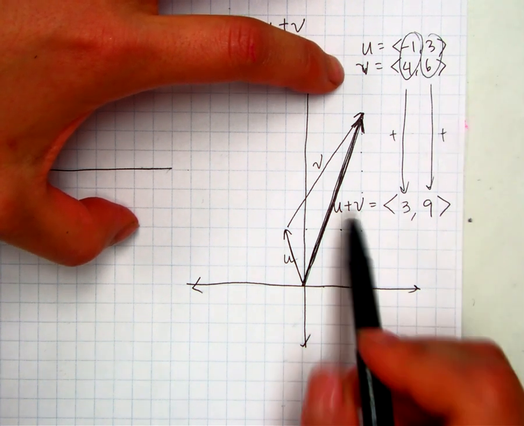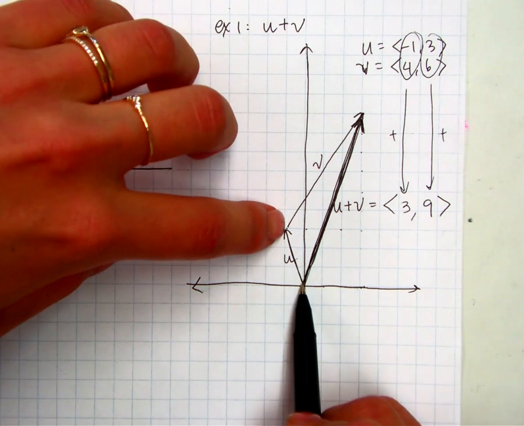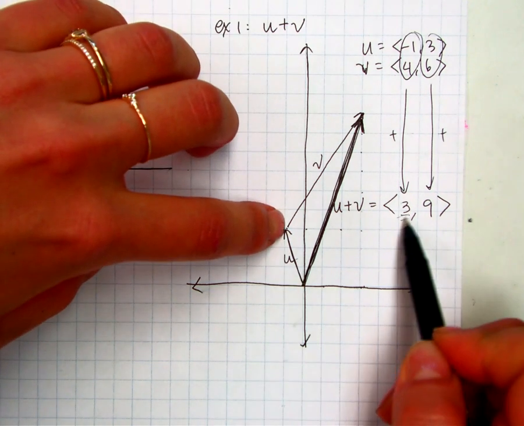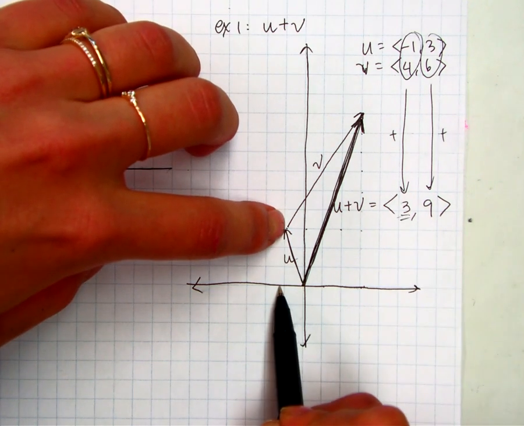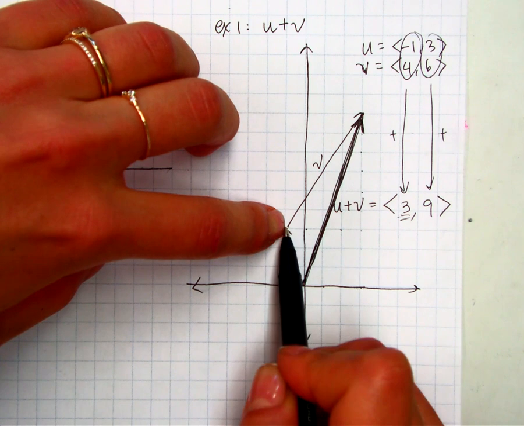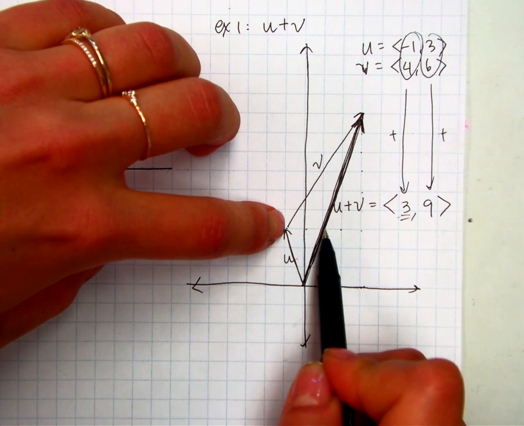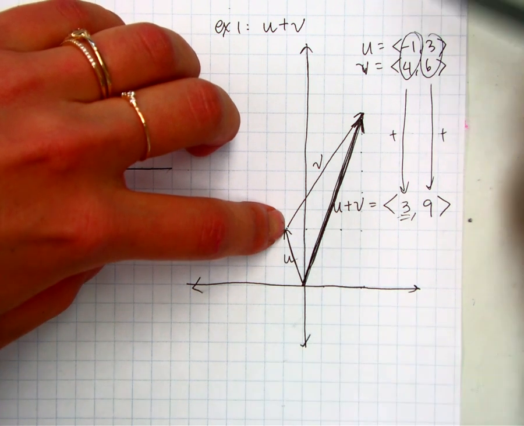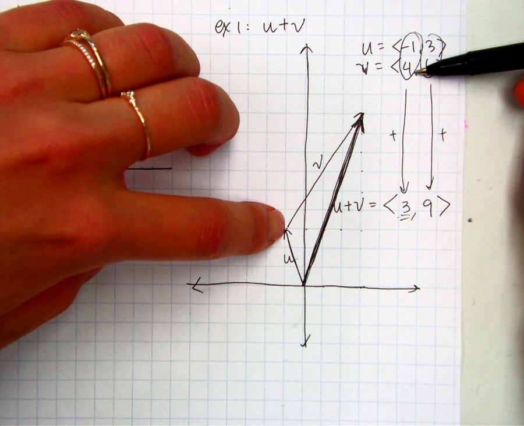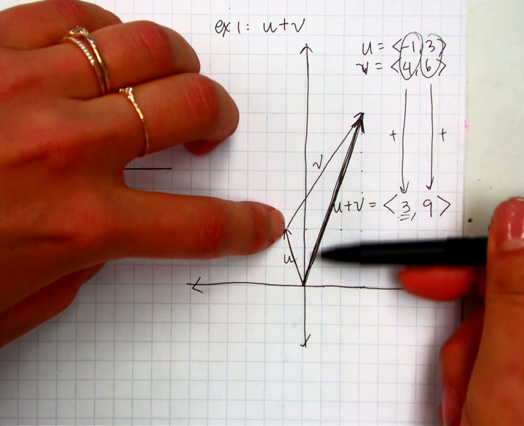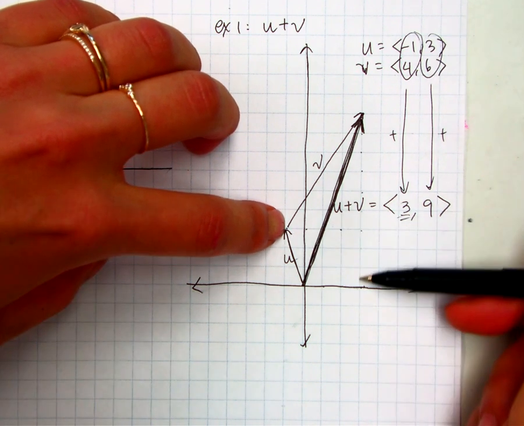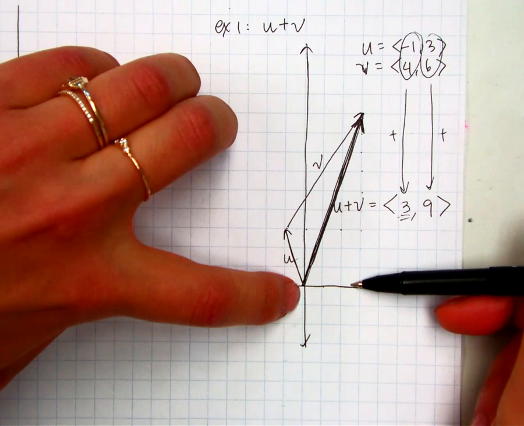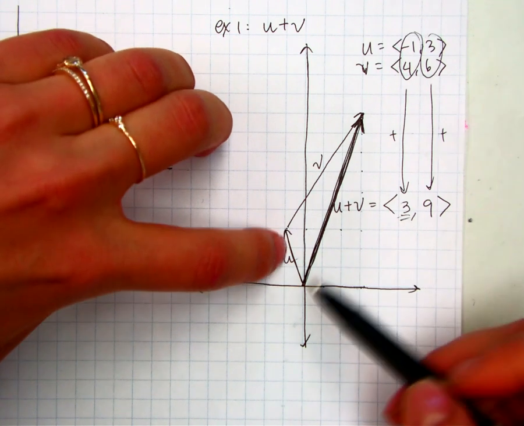So why does that work? Well, to get up to this point, what did I do on the x? I moved left 1, and from here, I moved right 1, 2, 3, 4. So left 1 and right 4 is essentially just 3 to the right. Same thing for the y.